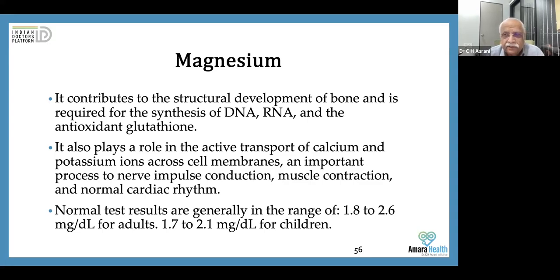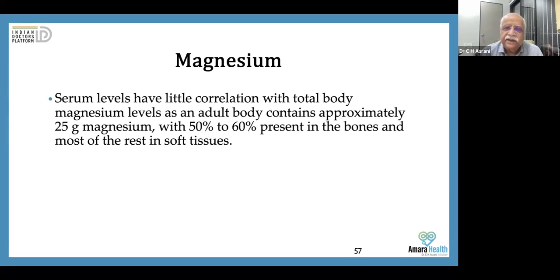Now comes the significance: blood levels do not do justice to the magnesium stores. Serum levels have little correlation with total body magnesium level, as an adult body contains approximately 25 gram of magnesium.